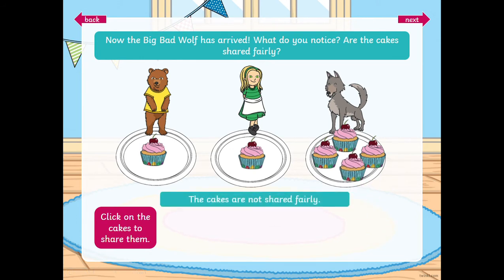Is that shared equally and fairly amongst the 3 of them? Have a look. Baby Bear has got 1 cake. Goldilocks has got 1 cake. The big bad wolf has got 4 cakes. Is that fair? No, it isn't fair, is it? Because the big bad wolf has got more than Baby Bear and Goldilocks.